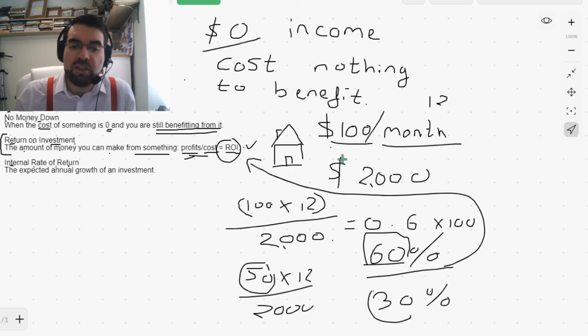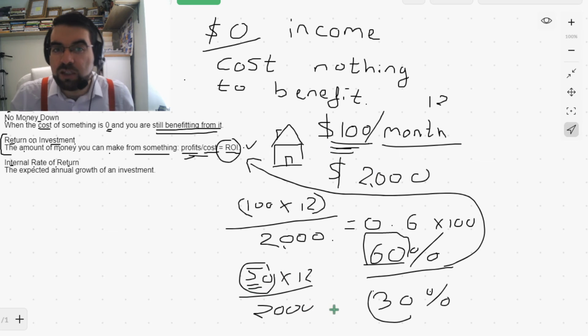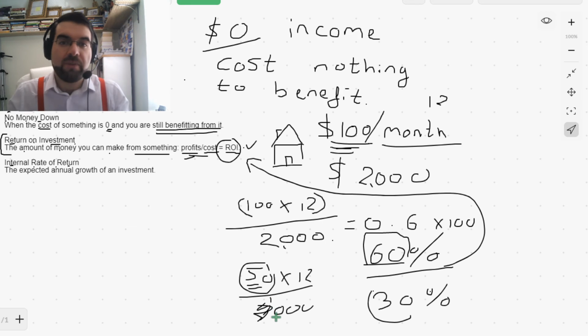So we're going to go for this house at $100 a month, and not this one at 50, unless perhaps this one did not cost 2,000 but instead only cost 1,000. Then actually it's the same, 60%. The numbers have changed. How cool is that?